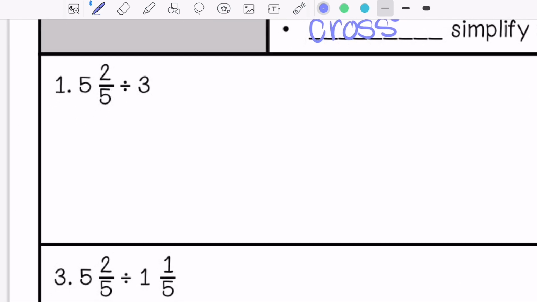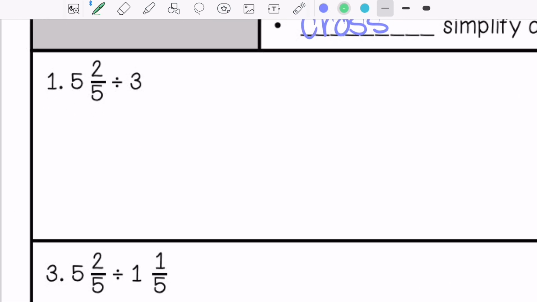All right, let's do number 1. We are going to change this to an improper fraction. And then we'll just put the whole number over 1. So we will keep, change, flip.